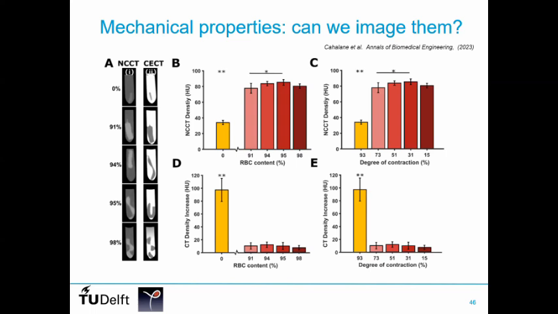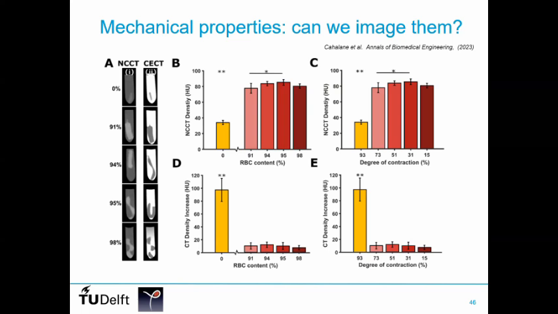This is the vial, and here you can see the thrombus. And if you look at the average density in the Hounsfield units, yes, you can see that there's quite a significant difference between the one that has no red blood cell and the one that has a lot of them. And that's something that is very significantly different. And we can understand, of course, because the red blood cell absorbs the X-ray radiation and therefore gives a higher signal.